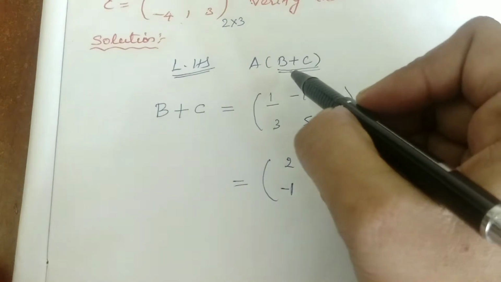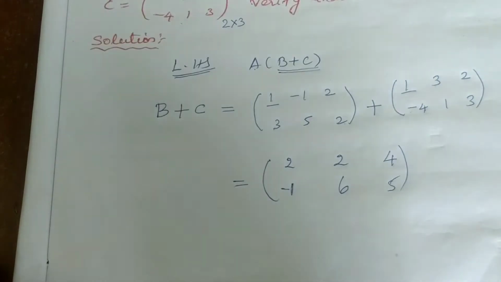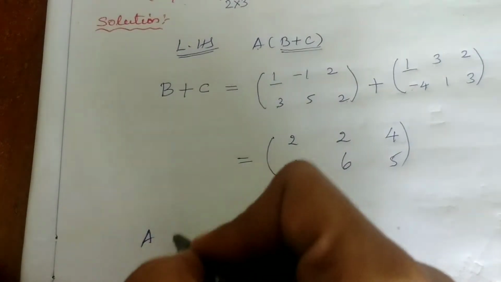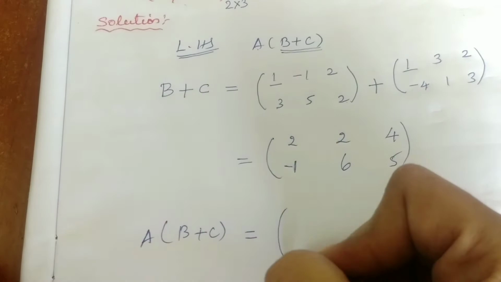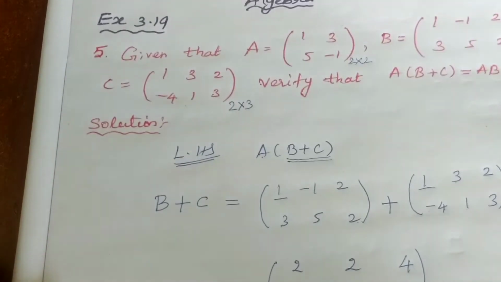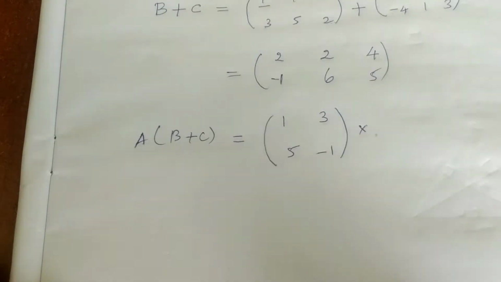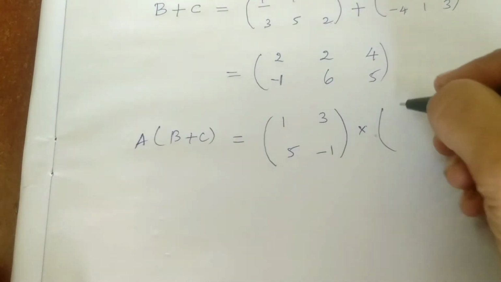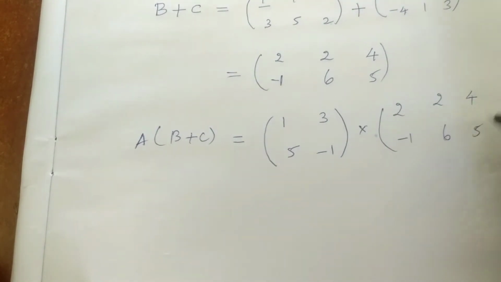Now we are going to find out the product of A and this B plus C matrix. So A into (B plus C). First you have to write down the matrix A. What is A here? [1, 3; 5, minus 1] into what is our B plus C? [2, 2, 4; minus 1, 6, 5].